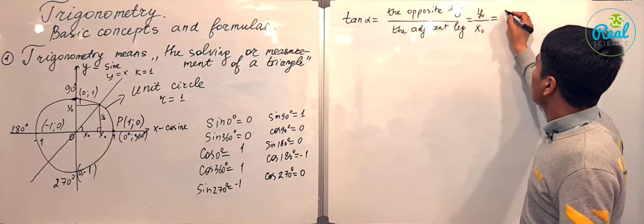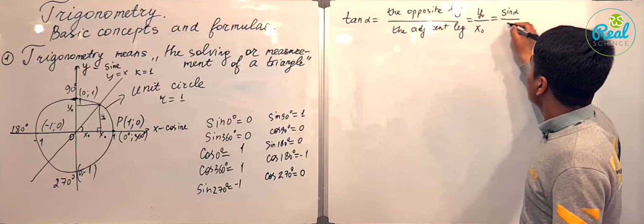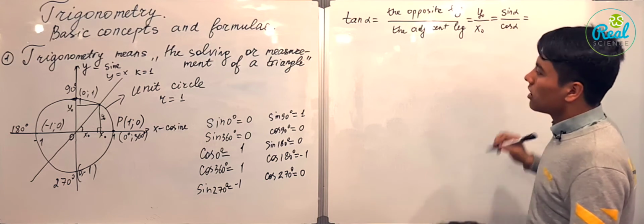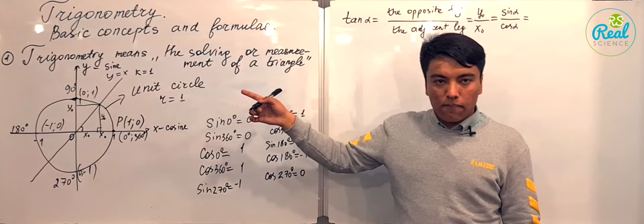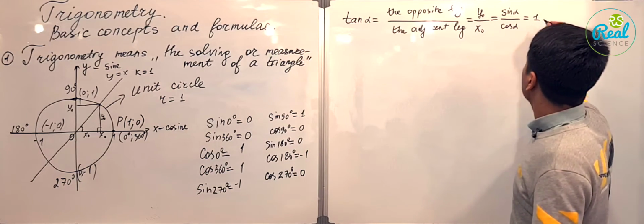And y0 is sine, x0 is cosine. And we said k here is 1.